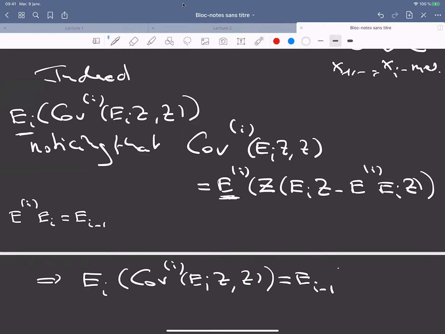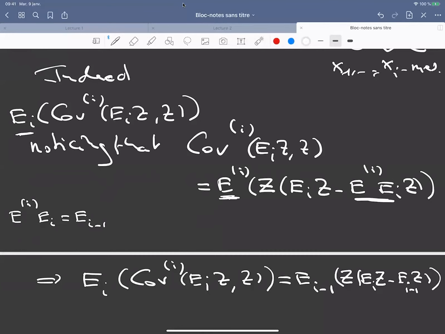And this is times Z times conditional expectation I minus expectation I minus 1, just because this guy gives this one.